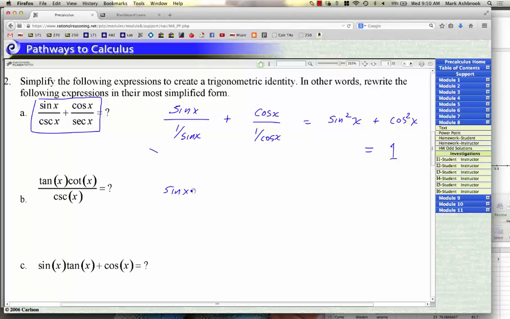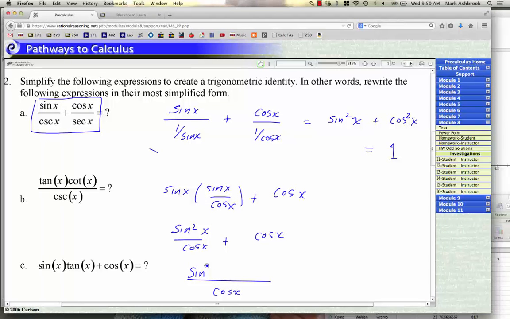Times what? Sine over cosine. Plus cosine. So we can do sine squared over cosine x plus cosine x. What can we do with that? Add them with a common denominator. What's the common denominator? Cosine. So we don't have to do anything to that. It's just sine squared.